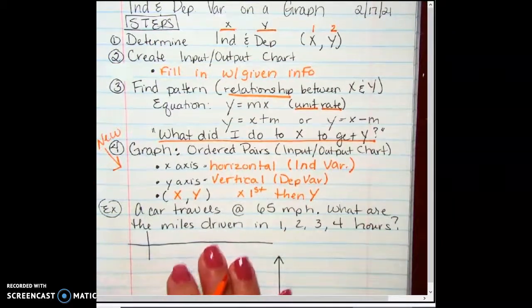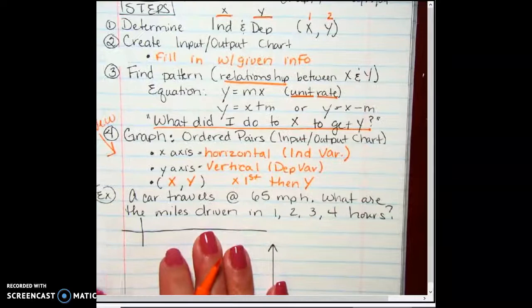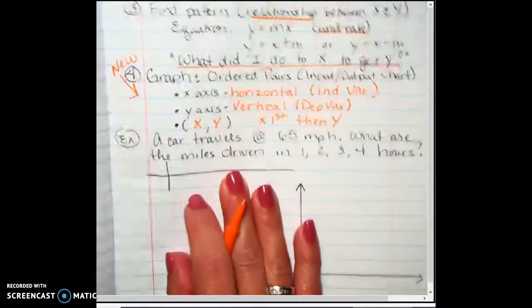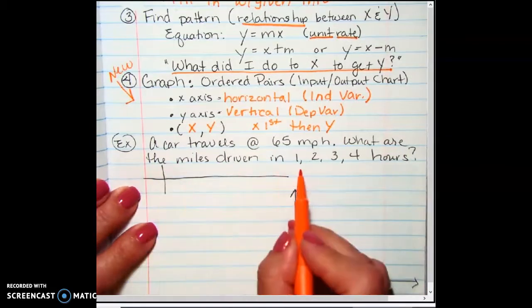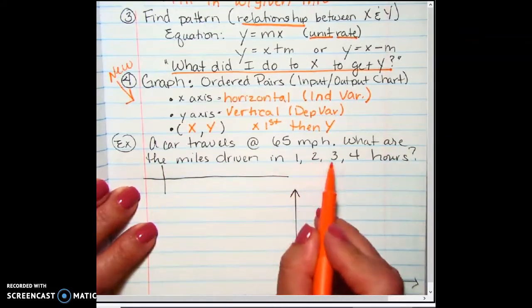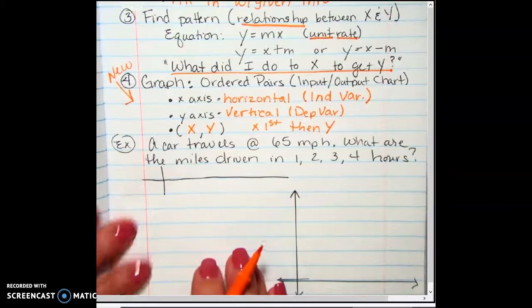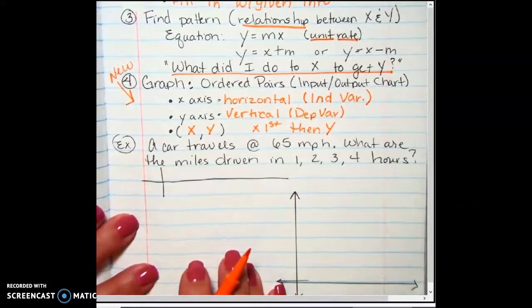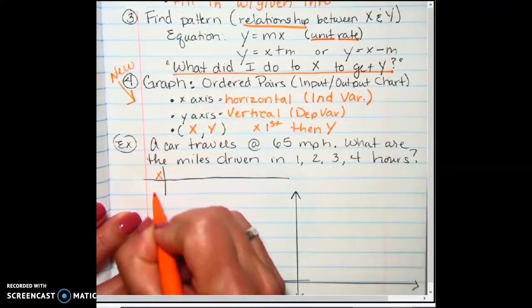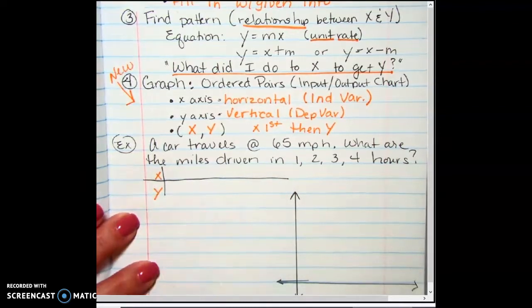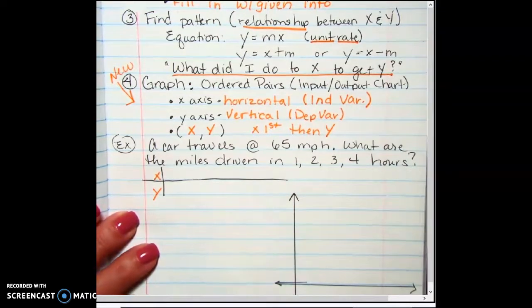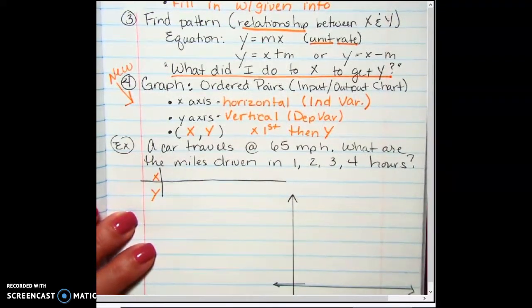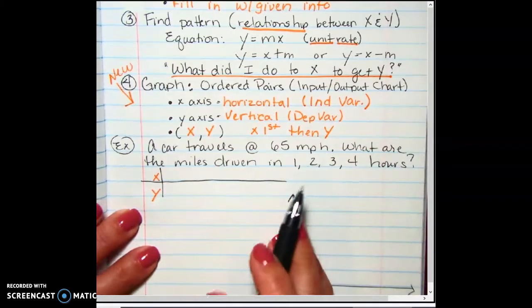Now here's our scenario. A car travels at 65 miles per hour. What are the miles driven in 1, 2, 3, and 4 hours? So we have to determine which is our x. Well, I know this is going to be x and this is going to be y in my chart. So I need to determine, is it miles or hours that is my independent variable?